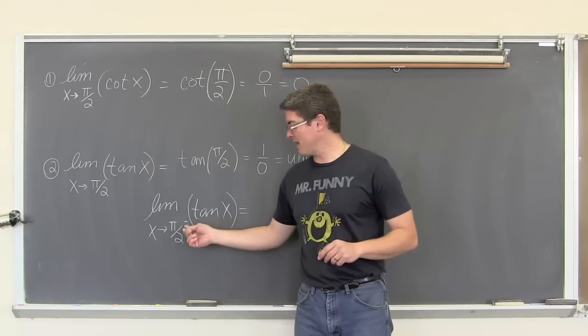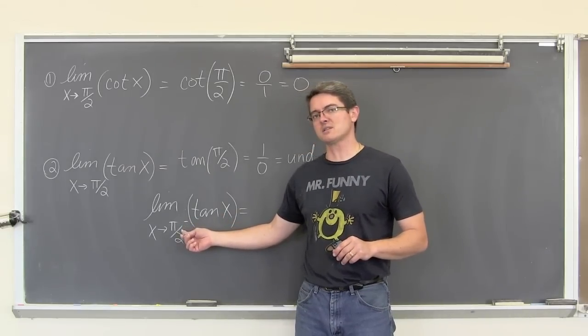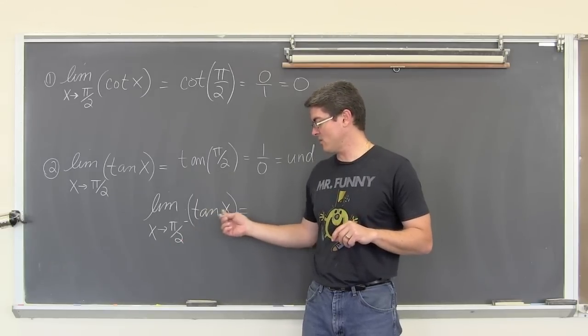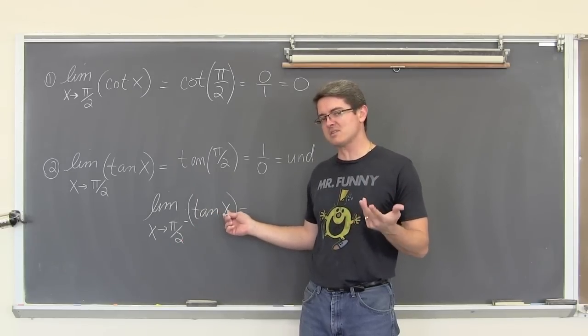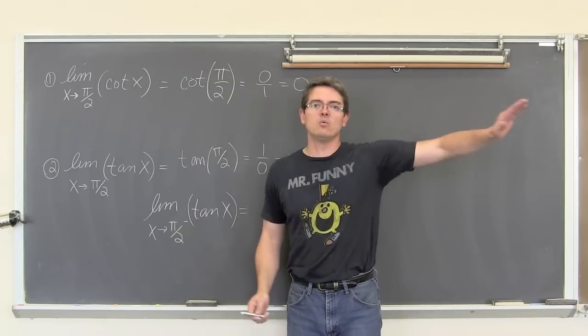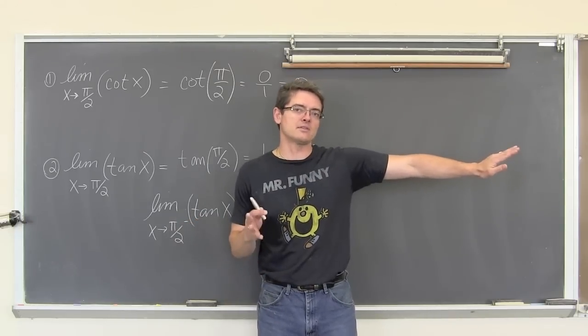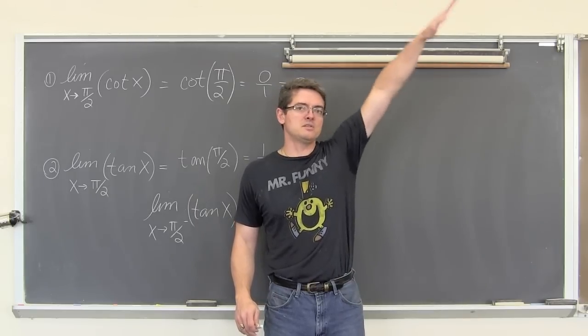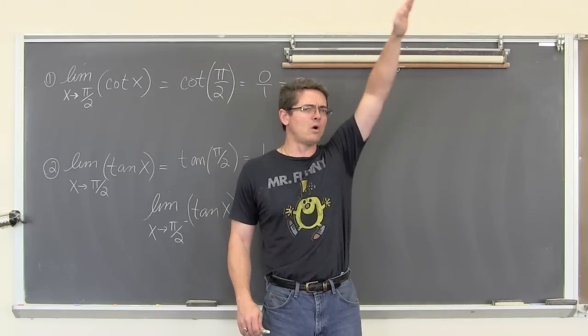But as you approach pi over 2 from the left, x is less than pi over 2. X is in or next to the trig function, so it has to be an angle measure. So our angle measure is a little bit less than pi over 2. Well, if I'm on the unit circle and not looking at the graph, less than pi over 2 is between 0 and pi over 2, so we're in quadrant 1.